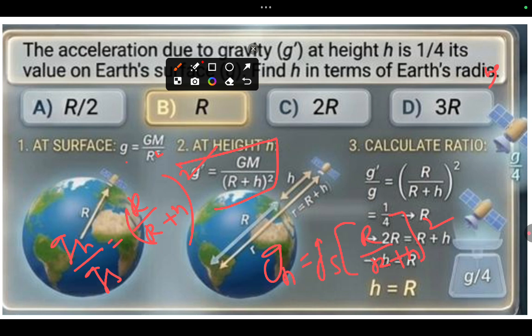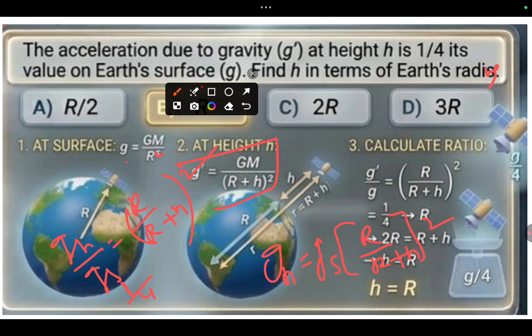Clear? Now gh by g surface, how much is given? The ratio of the acceleration due to gravity at height h is 1 by 4.